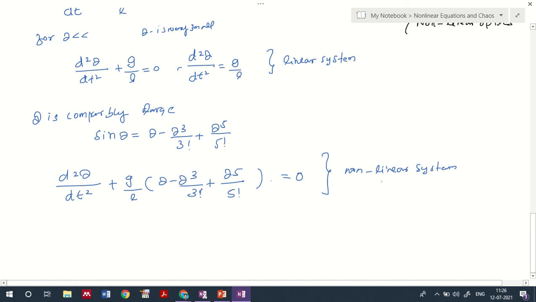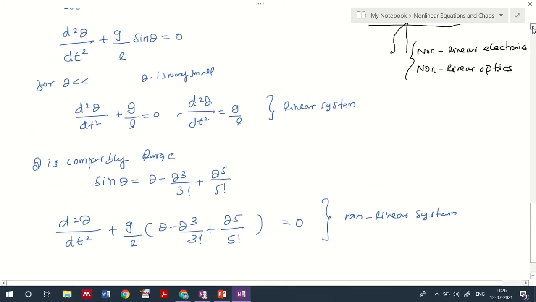So how do we examine this? If you move a pendulum with a very small oscillation, we can define the motion as linear, because it is moving very slowly and the motion is almost linear. When you keep it at a very large amplitude or displacement and let it swing, you can observe that the motion is nonlinear.